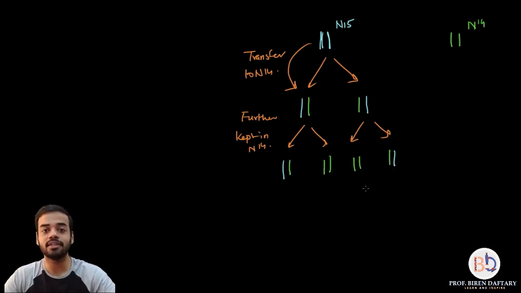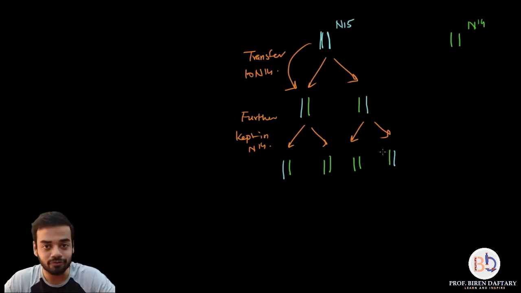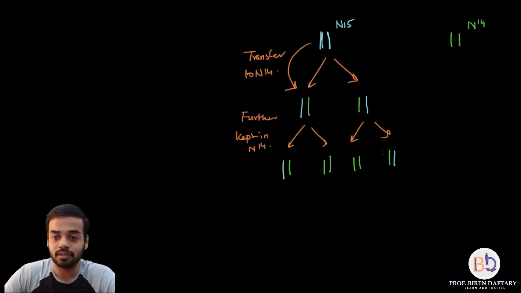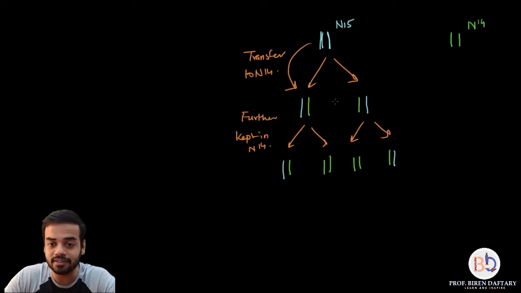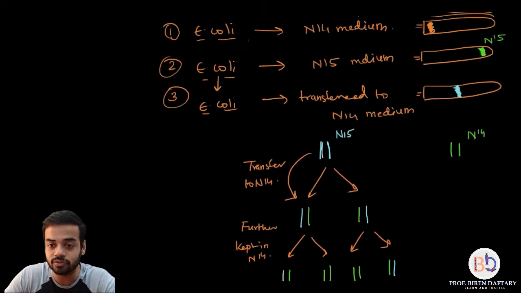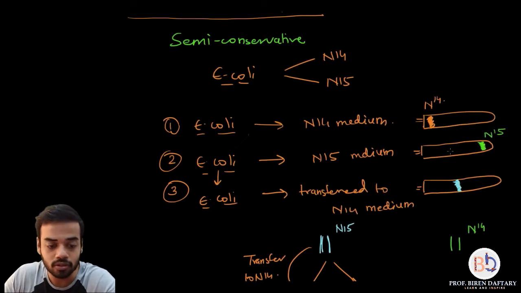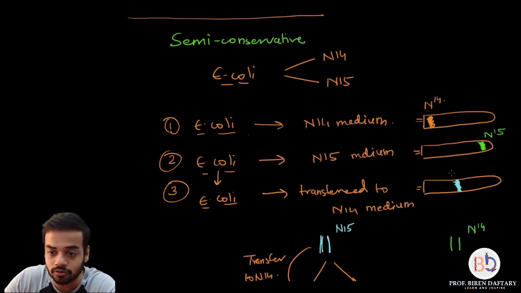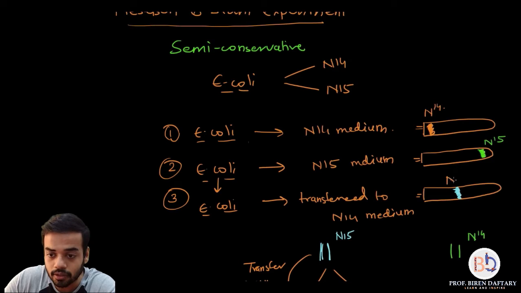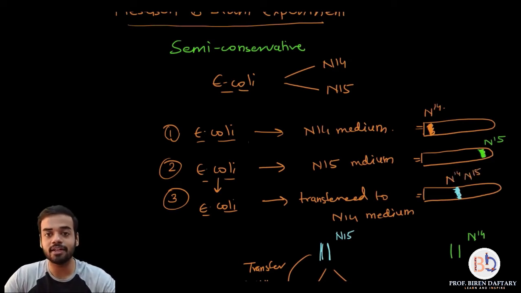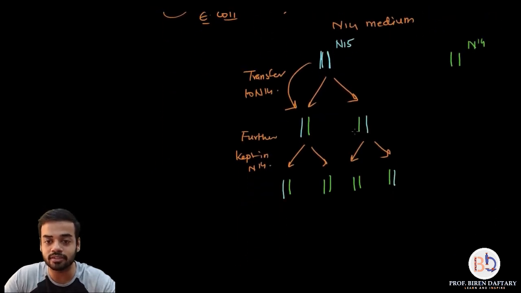Are you understanding this? So when they basically got these bands, this is the generation which is shown over here. If you see this intermediate band, these are the DNA which are having both N14 and N15, and that is why that band is intermediate between N14 and N15, and that is represented over here, this generation.